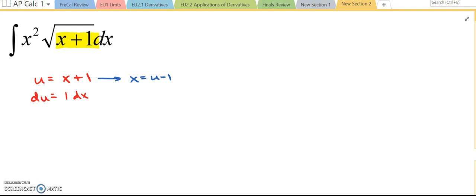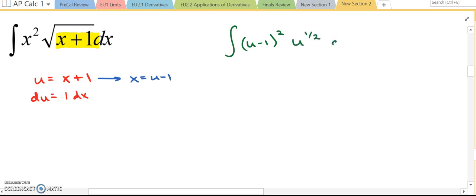Again, a pretty comfortable thing for me to deal with in the grand scheme of things. This is what I get, u minus 1 squared times u to the 1 half du. So all pieces have been accounted for.